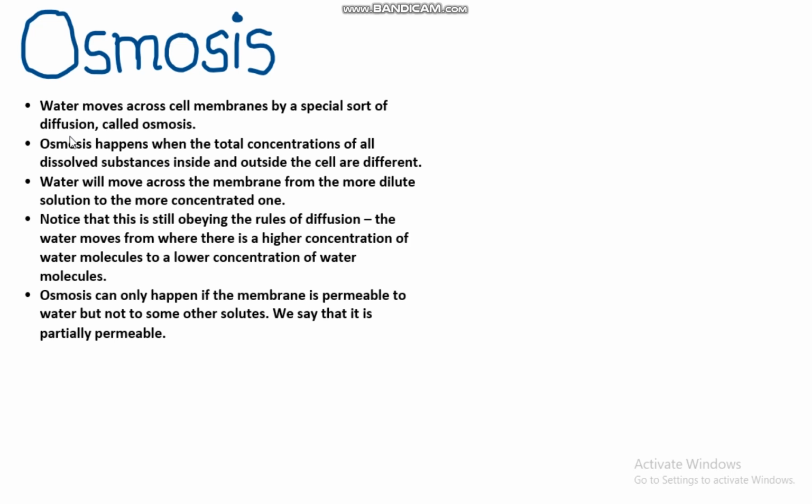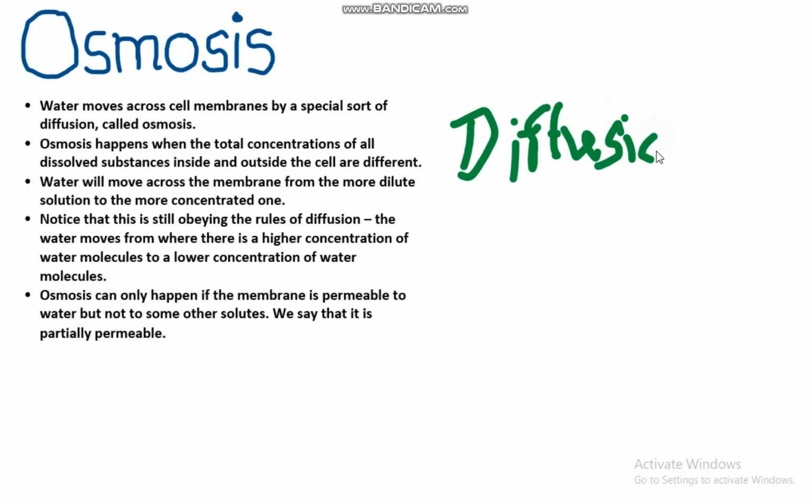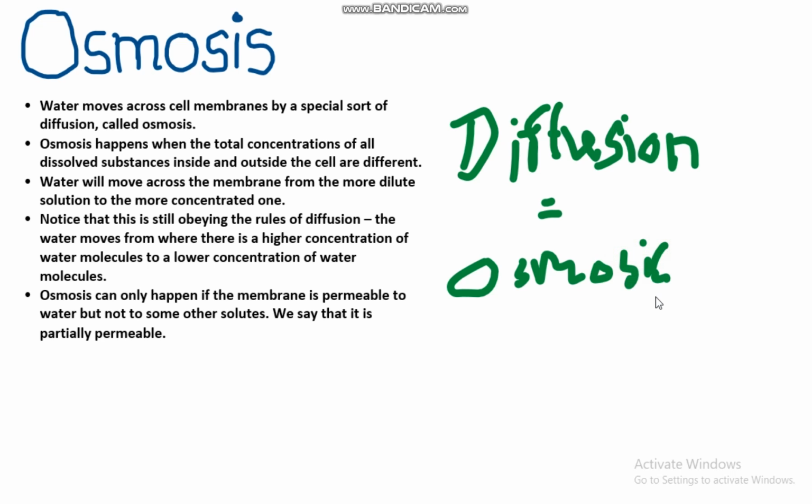And then we have osmosis. Water moves across cell membranes by a special sort of diffusion called osmosis. So diffusion is similar to osmosis, but osmosis is in the sense of water, and diffusion is in the sense of any other material, gas or liquid.